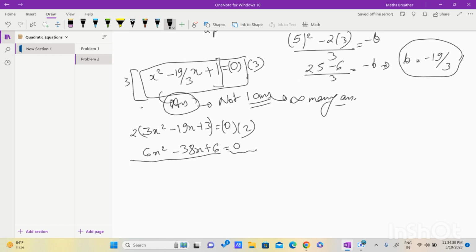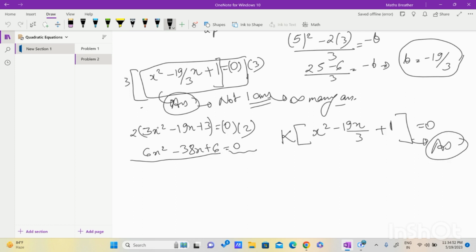So there's not a unique answer, but at least we arrive at a formula that some number k times x square minus 19 x by 3 plus 1 equals 0 will satisfy the equation. So you can say this is a generic solution.